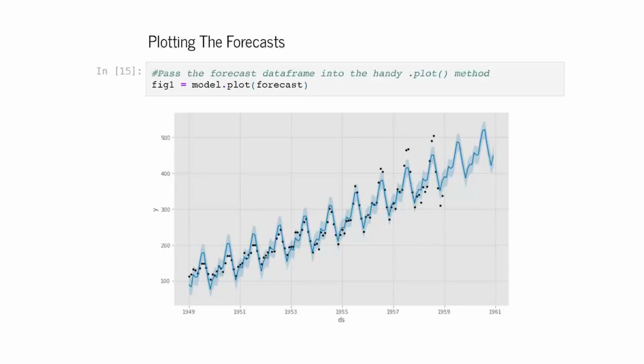The trained model has a plot method, which accepts a data frame with all these prediction related estimates that we saw in the previous slide and generates a graph for us. If you look at the slide, there are three main things that you need to pay attention to. The first is the solid blue line. The solid blue line represents yhat for each date and time.